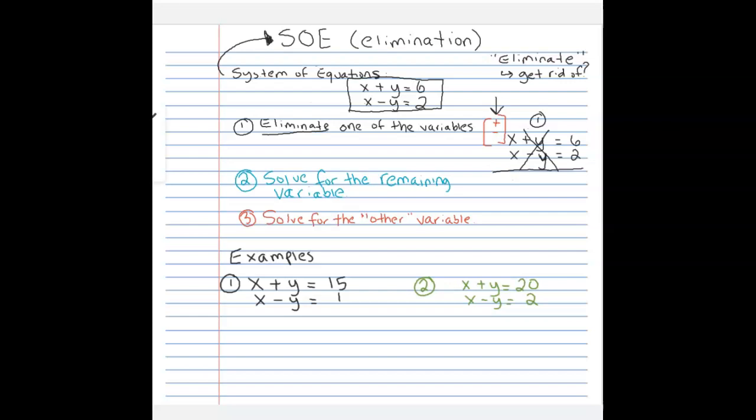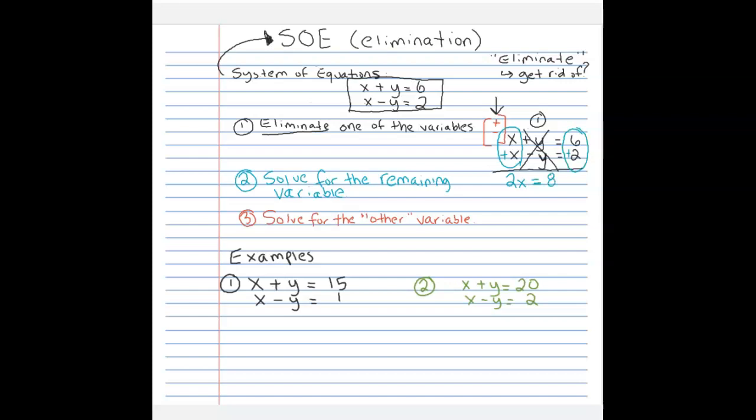The next step here is we're going to solve for the remaining variable. In this case, it's x. I have x and x. In this case, x plus x is 2x equals, then I have 6 and 2 here. Same thing, I'm going to add them up. 6 plus 2 is 8.